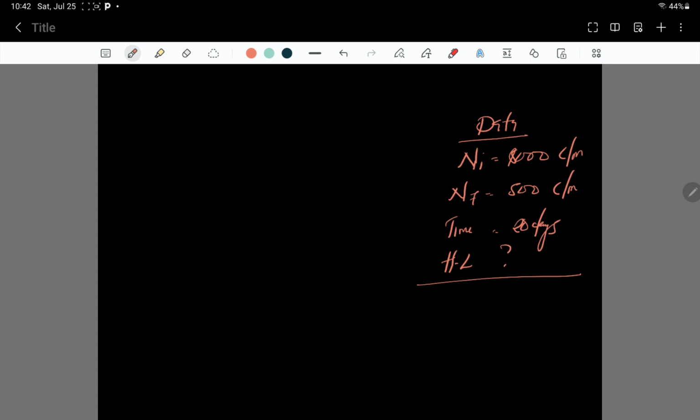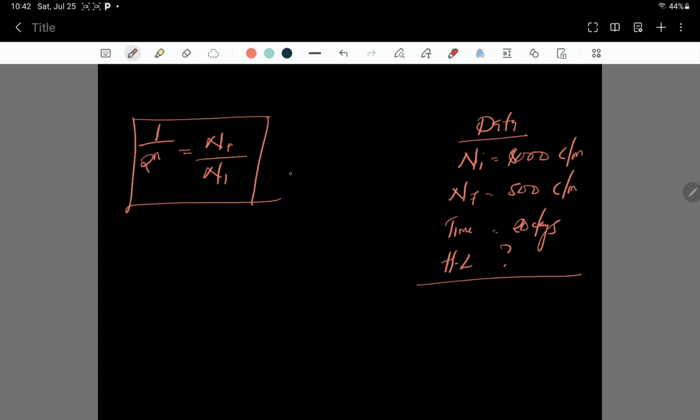So how can we answer this one without using logarithm? The simple formula is: 1 over 2 to the power n is equal to the final number of counts over the initial number of counts.